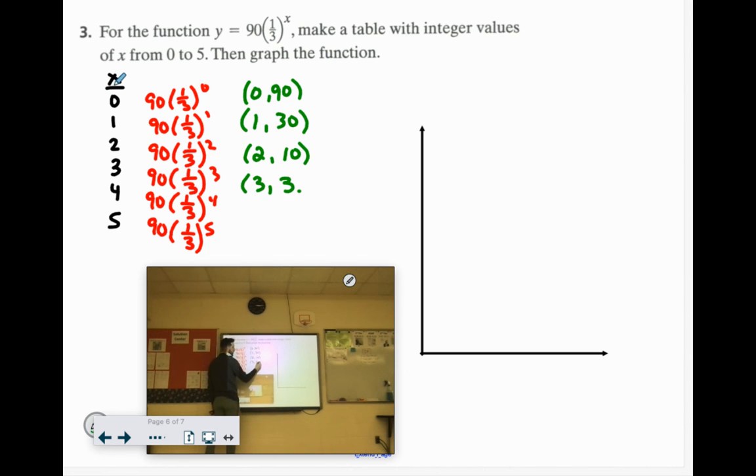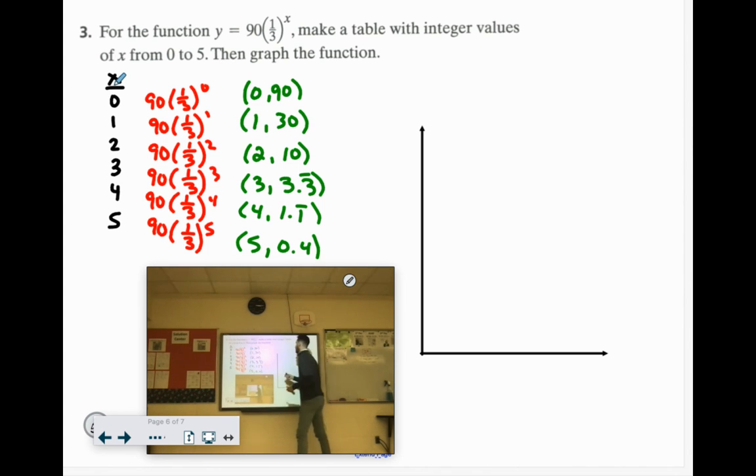Point 3. And 5. So it's all 1/4. We're not going to be able to see the difference on the graph anyway.